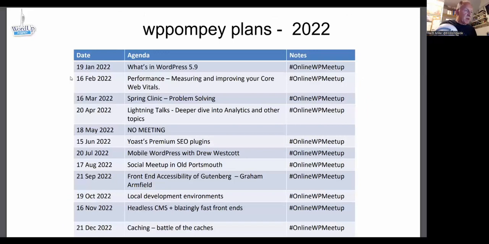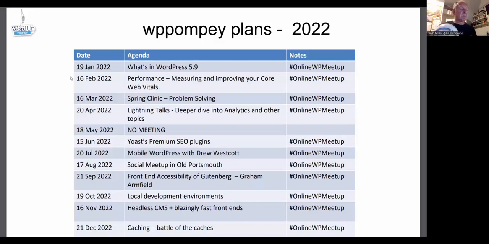So thank you very much, Graham, for front-end accessibility of Gutenberg and Gutenberg plugins. Next month, I think we're going to do a thing called local development environments. This is something that Simon Bragg of Cambridge suggested that we might have, and I believe they already had their meeting on it last month, and Scott may or may not have attended if he's there, but I thought we could have a look at it as well.